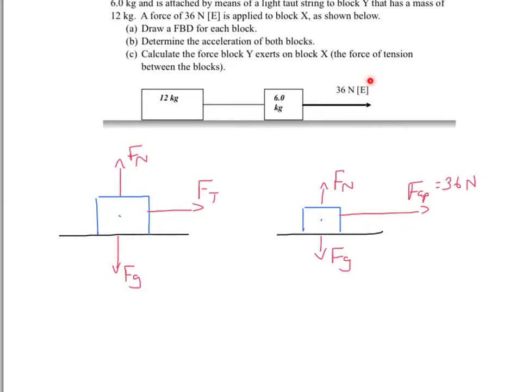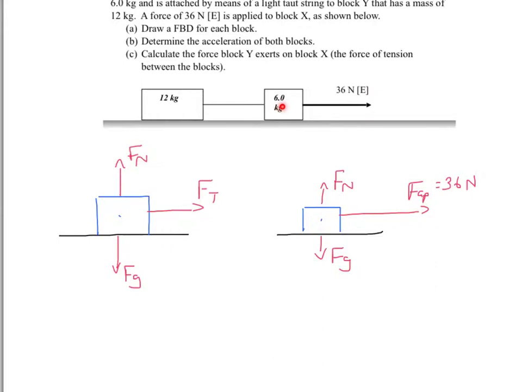Now, if you look carefully, the 6 kilogram block also has a string attached to it. Even though that string is being used to pull on the 12 kilogram block forward, you know for a fact from Newton's third law of motion that every action has an equal and opposite reaction force.